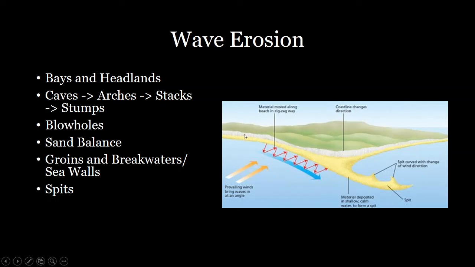So you have this sand getting moved down the shoreline, and then the coastline changes direction and goes off to the left, and the current just continues, then loses energy and deposits this sand and forms this small sand peninsula. That here is called a spit.